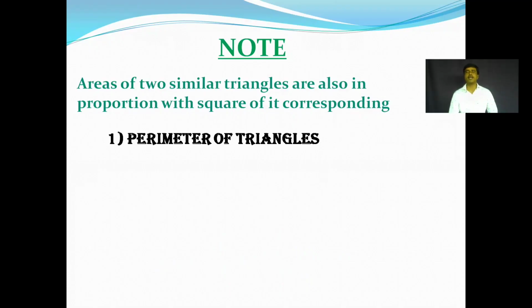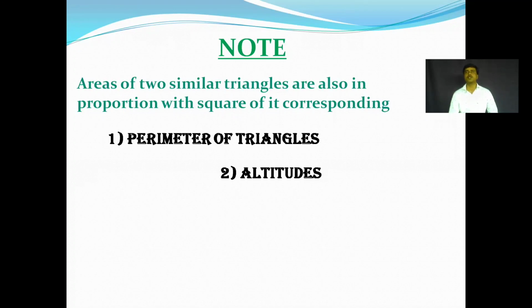They are also in proportion with the square of their medians. That is, I can extend the statement of this theorem as the areas of two similar triangles is in proportion with the square of the perimeters of the triangles.